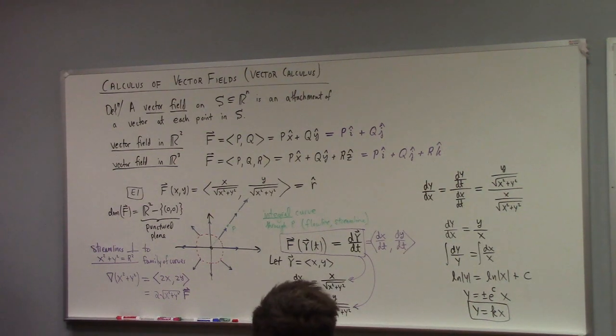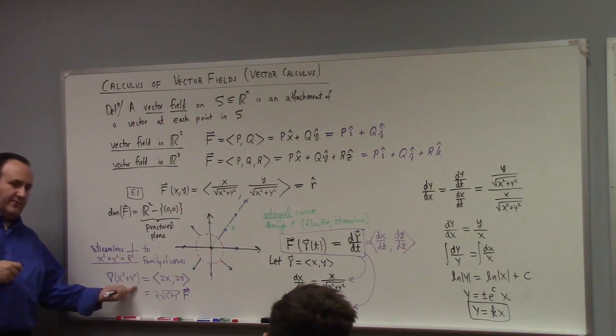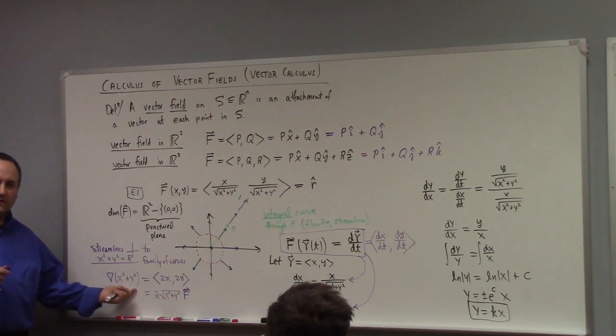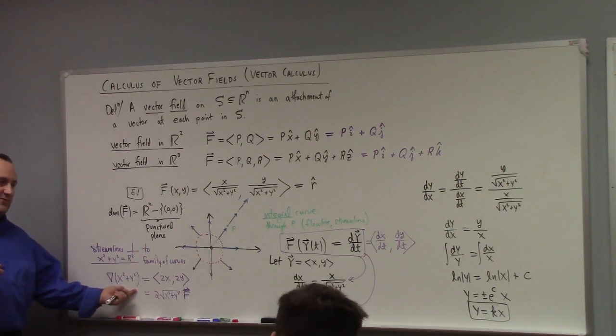Because, remember, if we have a level function x squared plus y squared, its gradient points perpendicular to the direction of its level curves, as we discussed before, right? So perpendicular to the direction of level curves is parallel to the streamlines in this context. So we have a special definition.